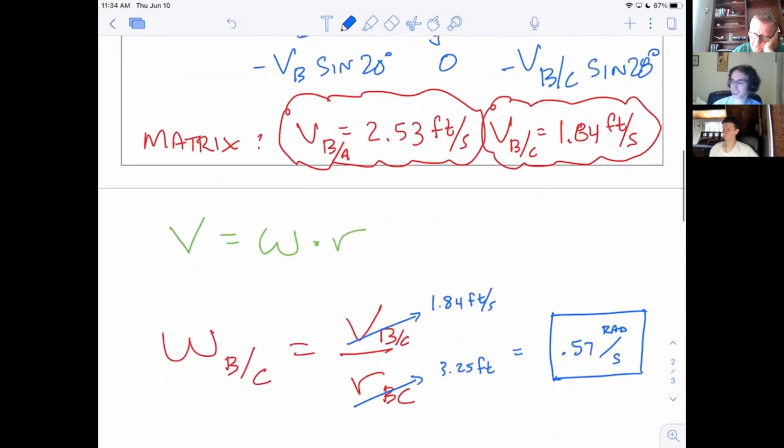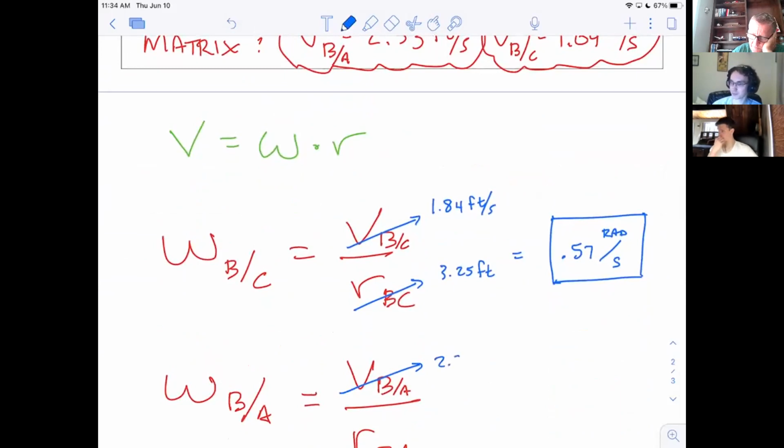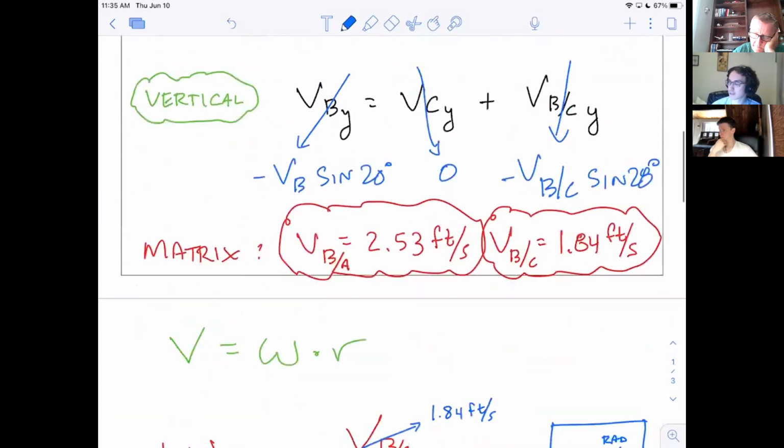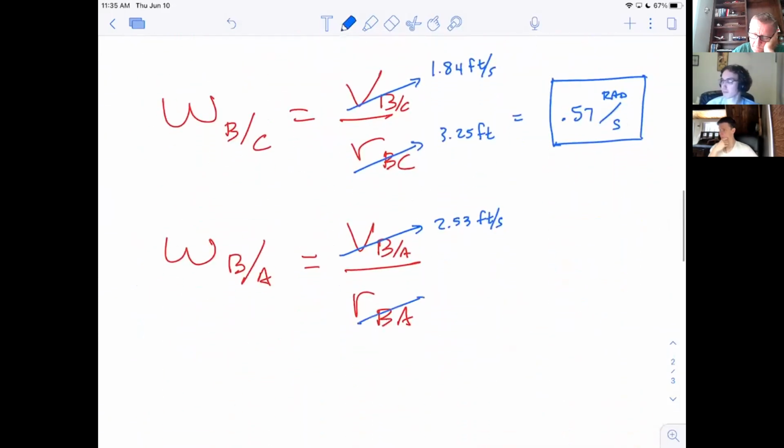So down here, similarly, you get 2.53 feet per second, and that radius was 1.25. So you end up with about 2.02.